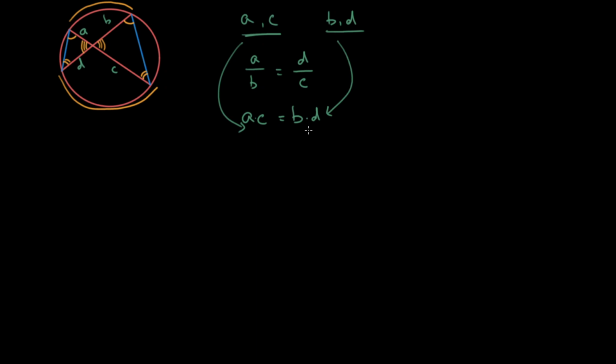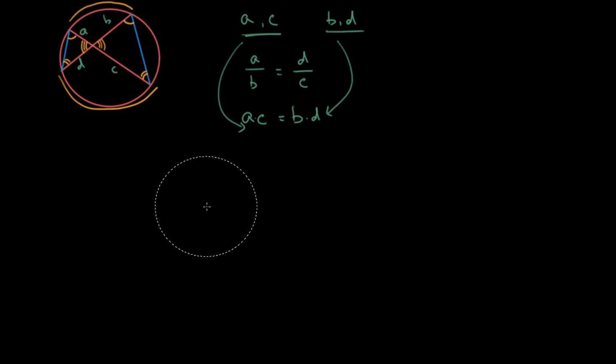Okay, so that's situation number one of my segments here. Here's situation number two. Let's make another circle. If I have 2 secant segments, it's a learning process.